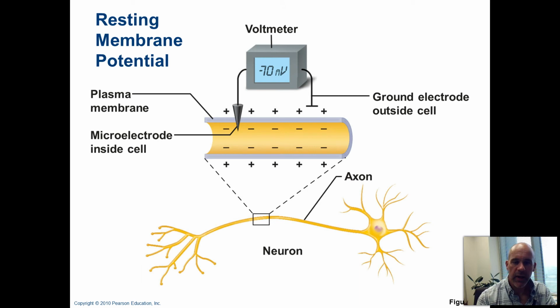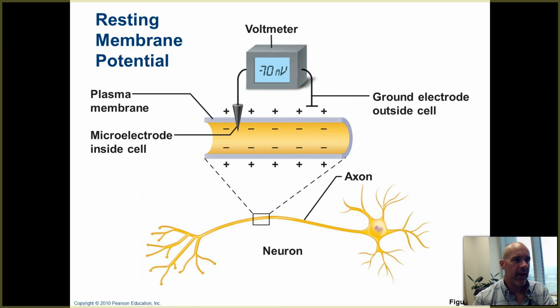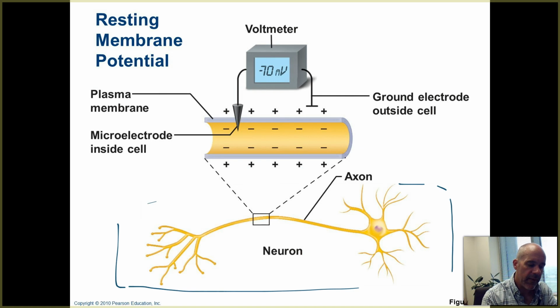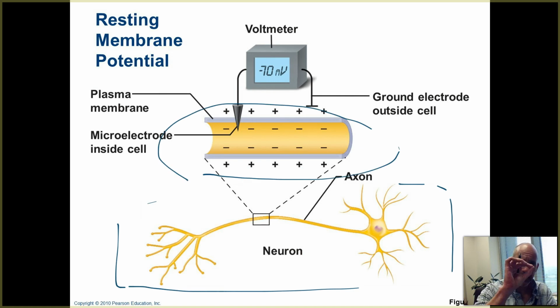All right, and that is something that can actually be measured, and values can be assigned to it. And I know what they're showing you here. Okay, so we've got a motor neuron down here on the bottom, and then we're blowing up a part of its axon. Remember, an axon is an appendage, an extension of the neuron itself. And so, it's going to have a cell membrane covering its surface also.